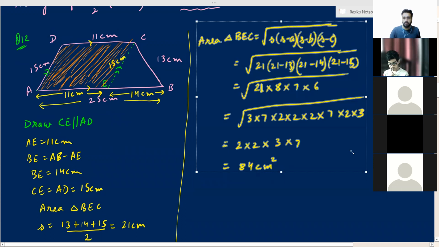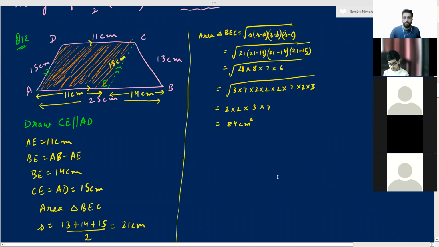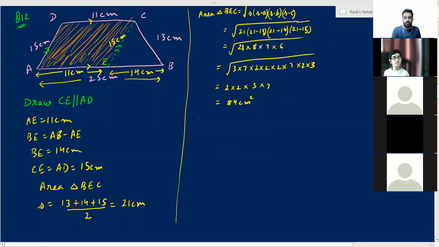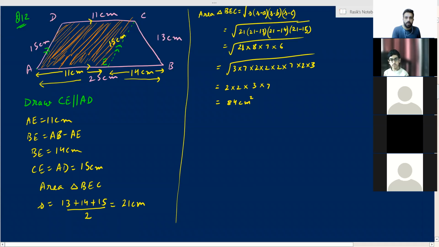Now, the height of the triangle. For this we will have to do another construction. Draw CF perpendicular to AB. CF is the height of the triangle.